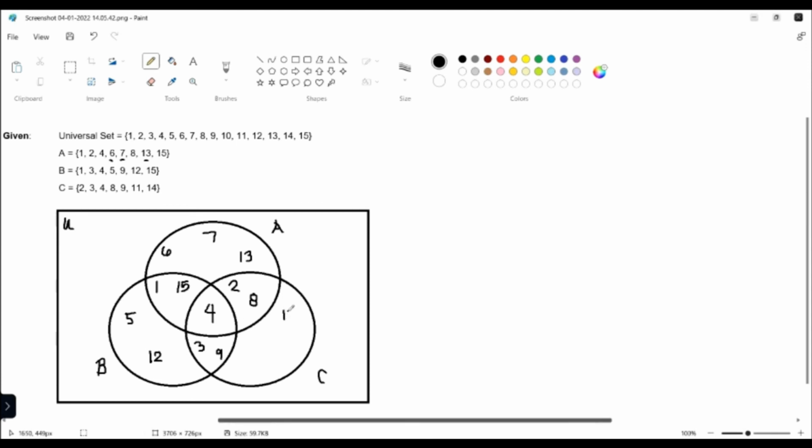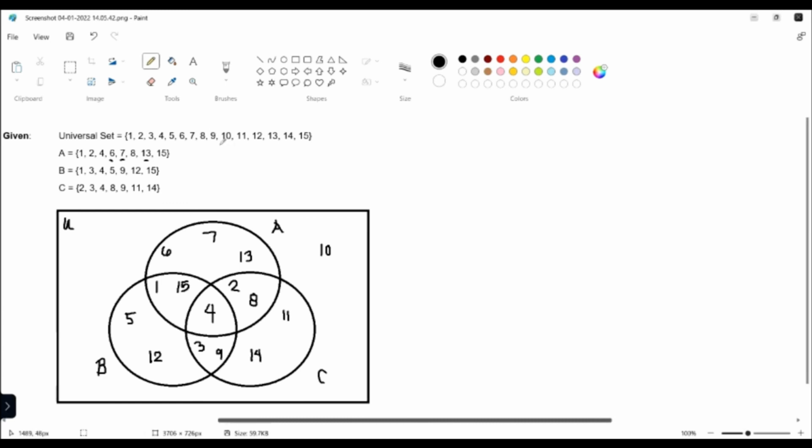And the last question is, what are the elements of the universal set not found in any of the given sets A, B, or C? How many? 10 po. We have 10. Is it 10 only? I want 1, 2, 3, 4, 5, 6, 7, 8, 9.